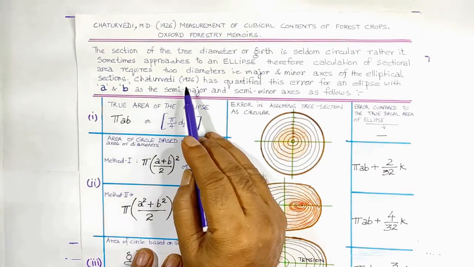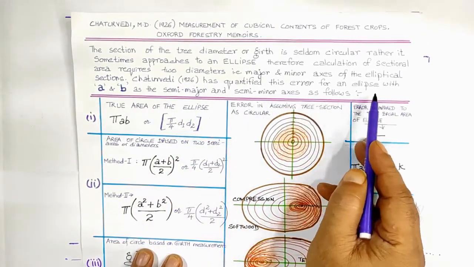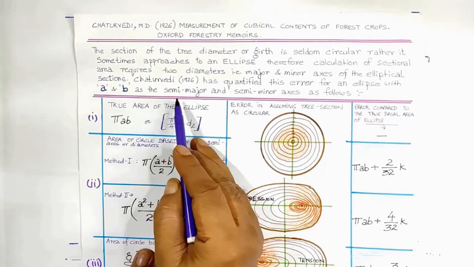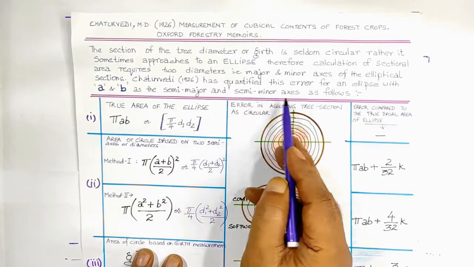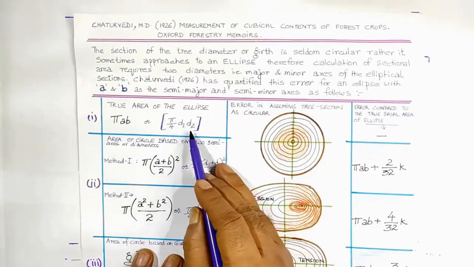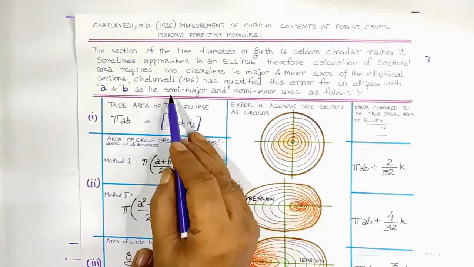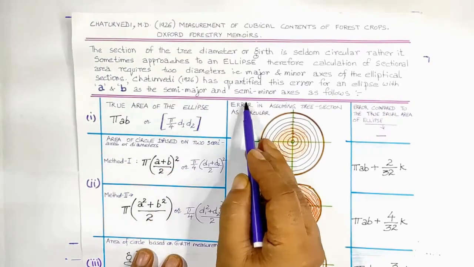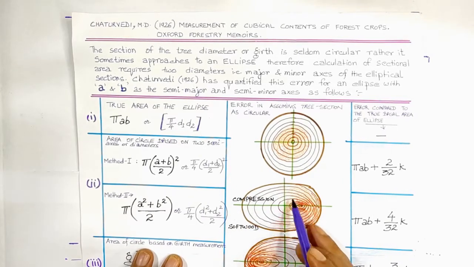So Chaturvedi 1926 has quantified this error for an ellipse with A and B as semi-major and semi-minor axes, or as diameters also.